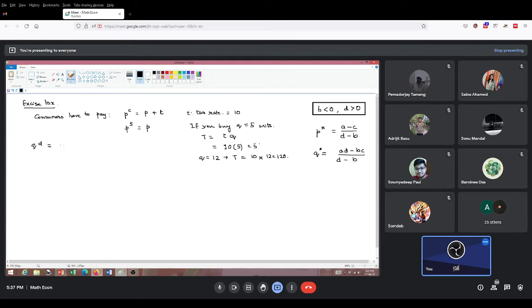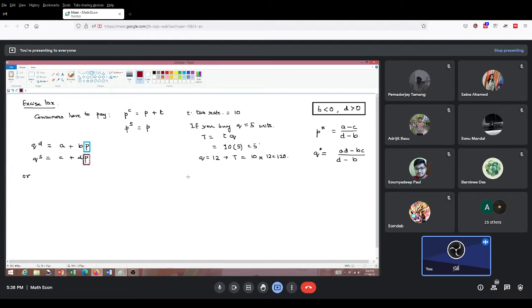Okay. Now, remember this was a model. There's a difference between this price and this price.